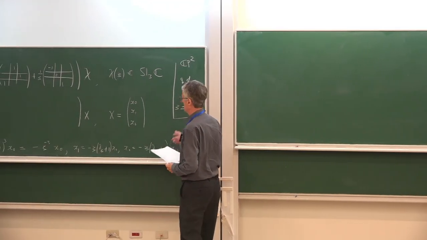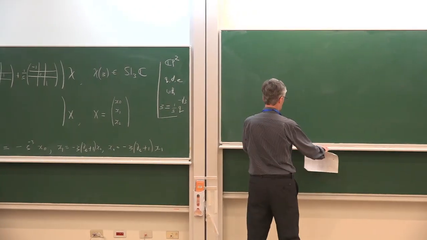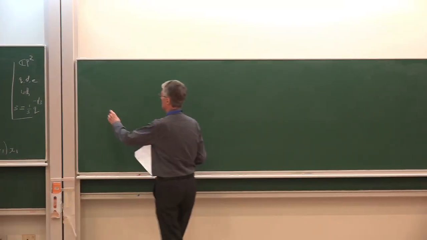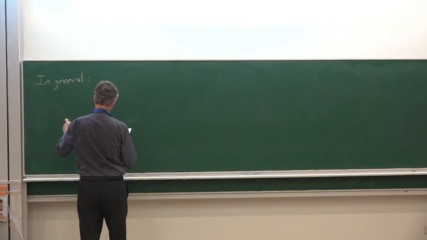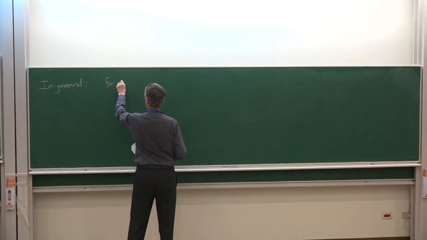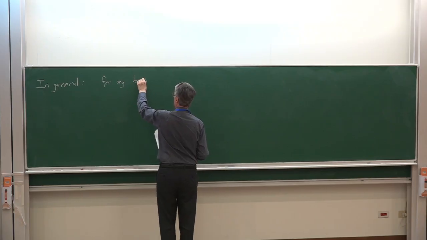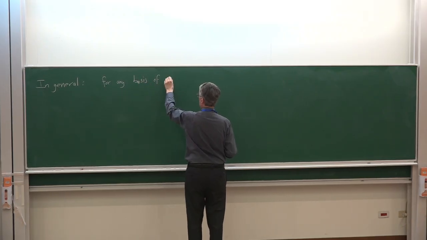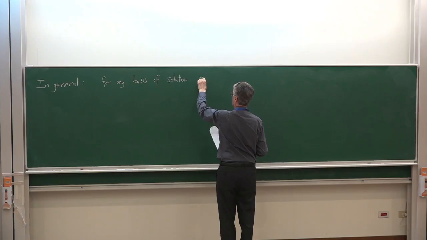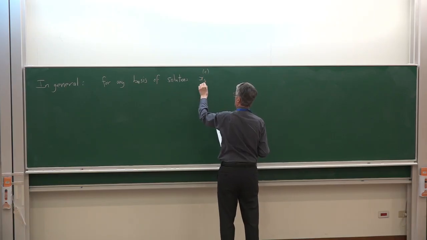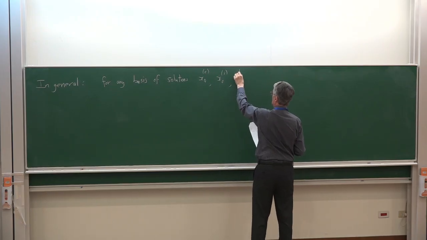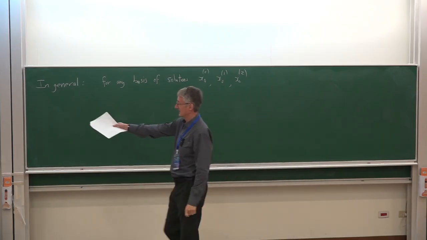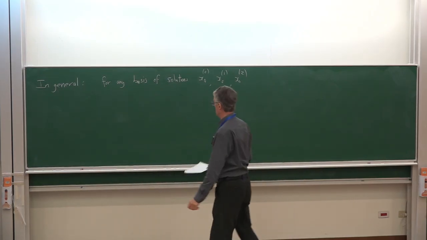Okay, it's a general principle that, in general, suppose we take a basis of solutions of the scalar equation x0. I'll call it x0,0, x0,1, x0,2. So this scalar equation for x0 has a three-dimensional solution space, and I take a basis.